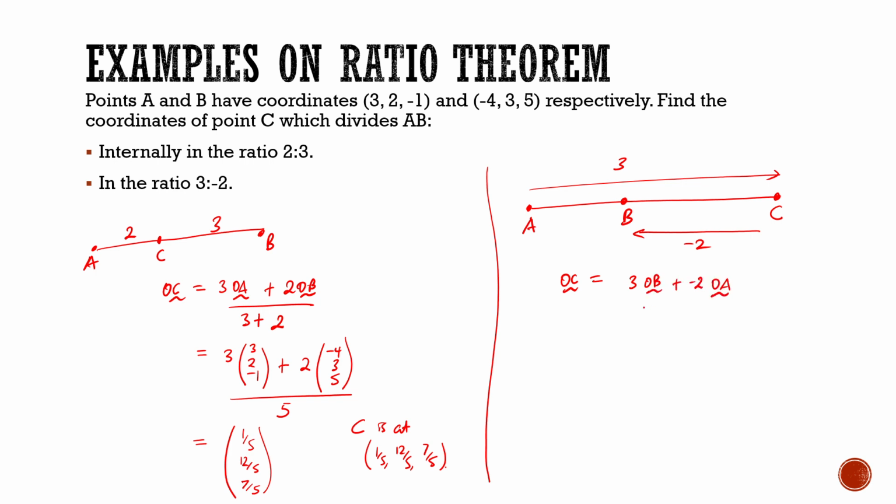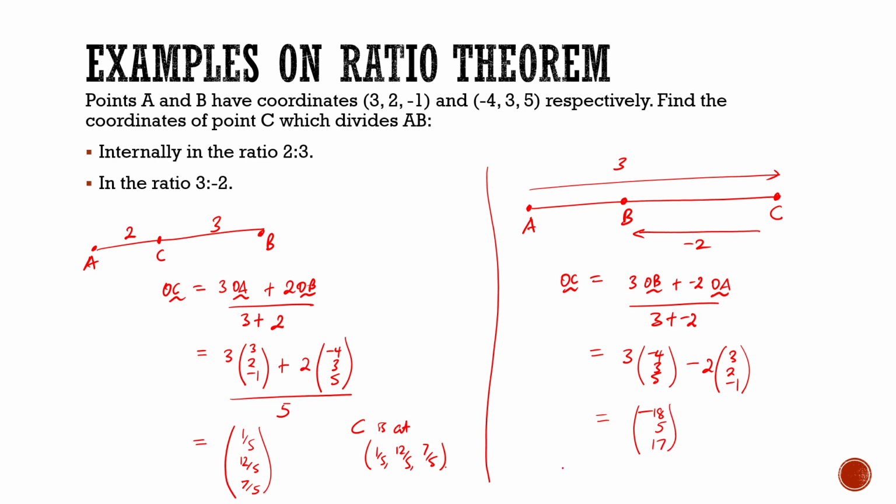You switch the association again, divide by 3 plus -2. So this is going to be 3 times -4, 3, 5 minus 2 times 3, 2, -1, divided by 1, and this is equal to -18, 5, 17.